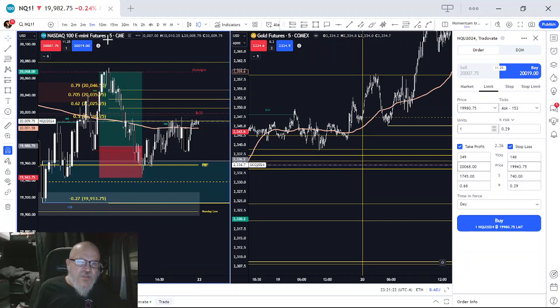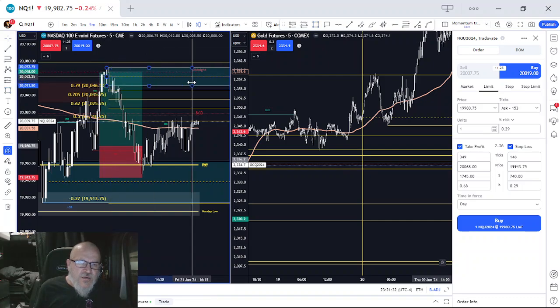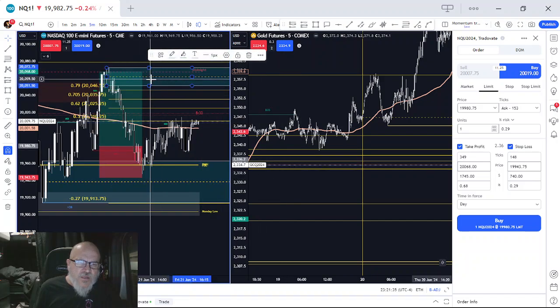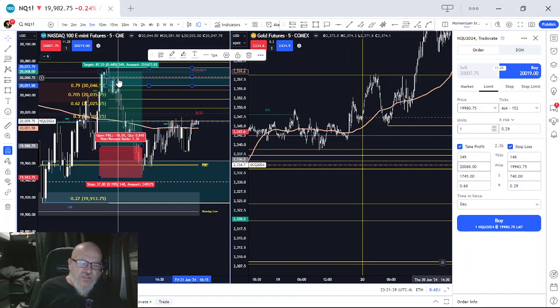Okay. So I would want to see it not get past this right here. So I might risk this high here. That way it's a little tighter of a stop because I don't trust Asia.